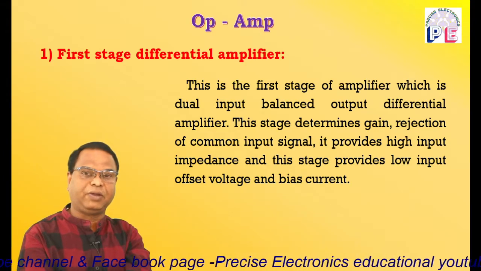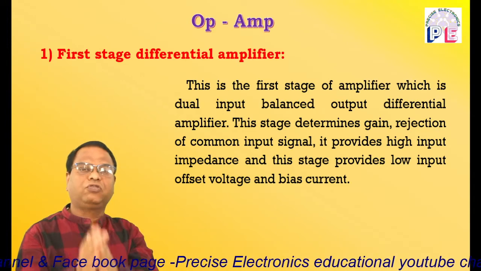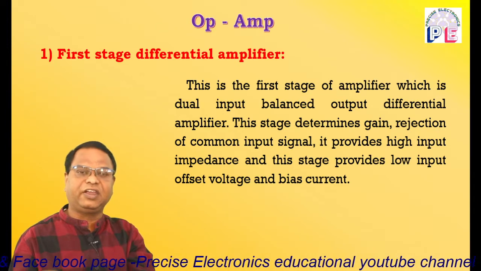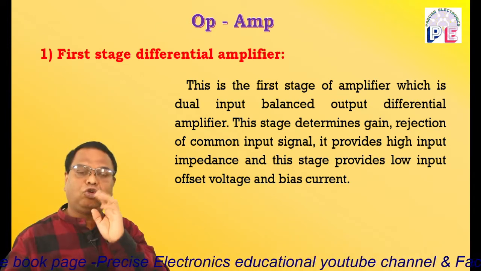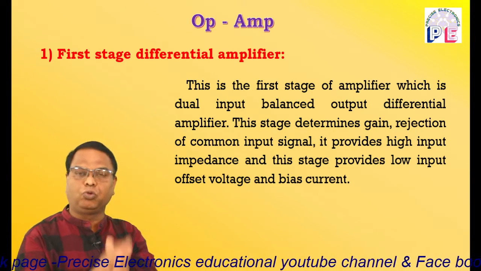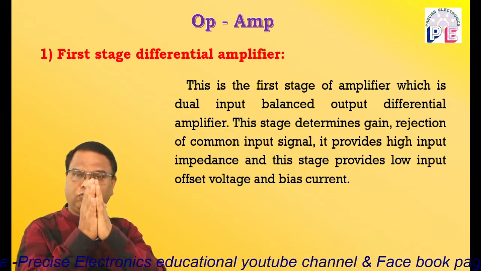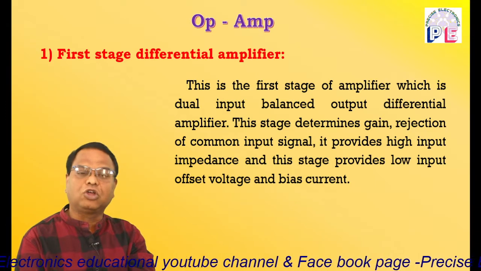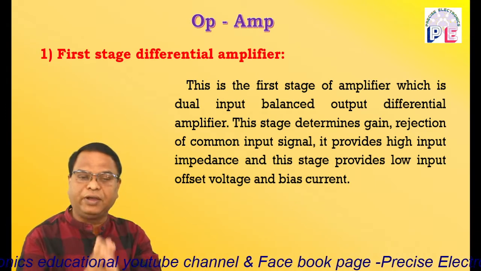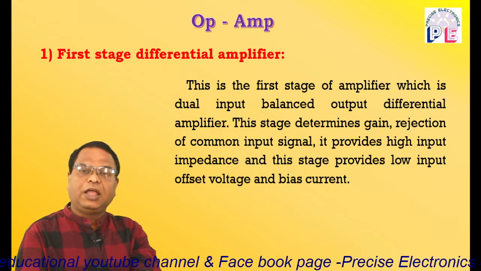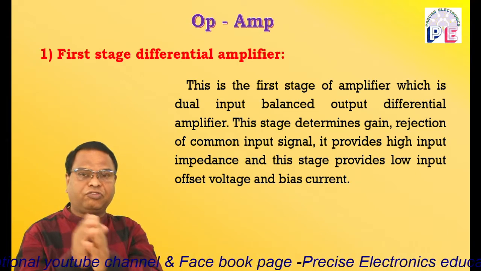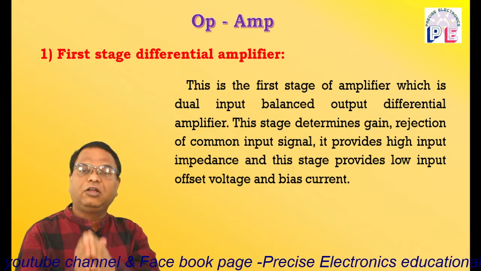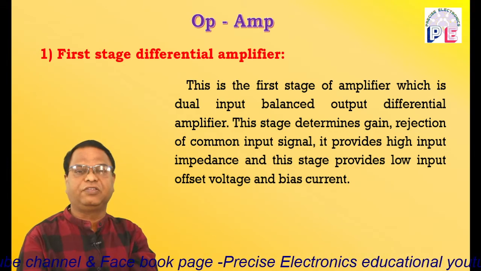As the common mode signal gets rejected, there is no noise and drift in the output. So the first stage determines the gain of the amplifier. It also determines the rejection of common input signal. As it is the first block, the input block, it decides the input impedance.